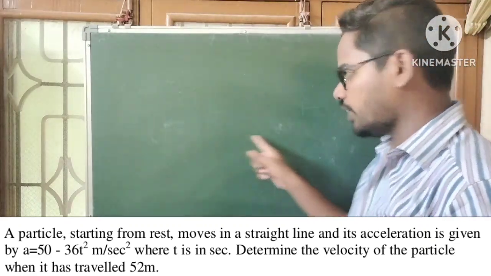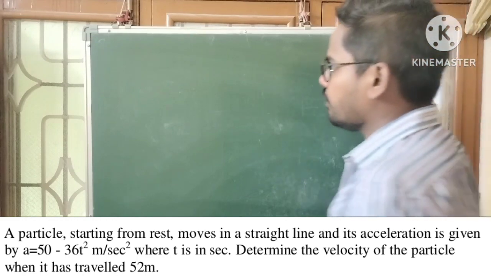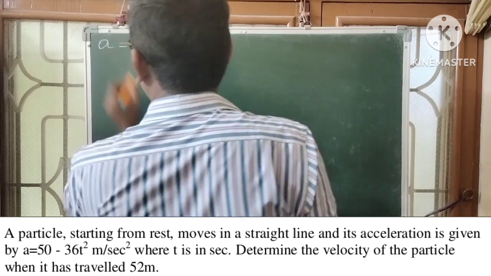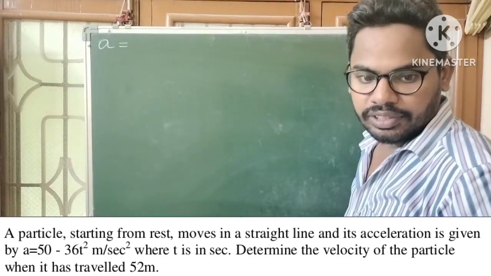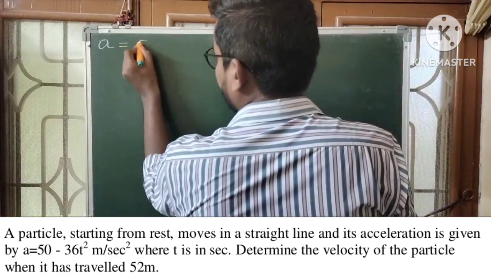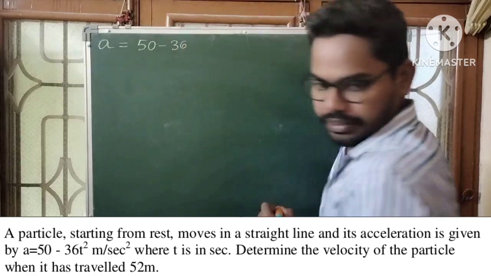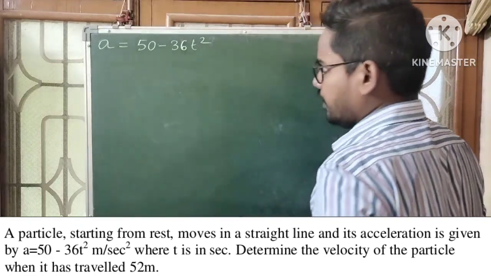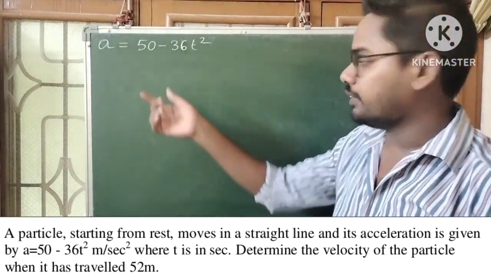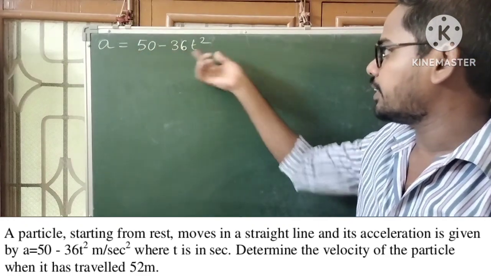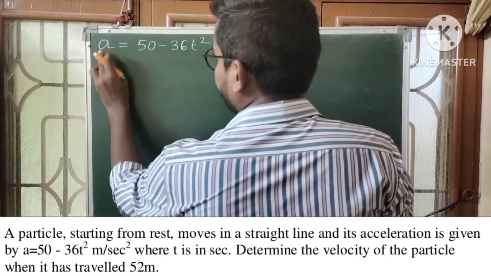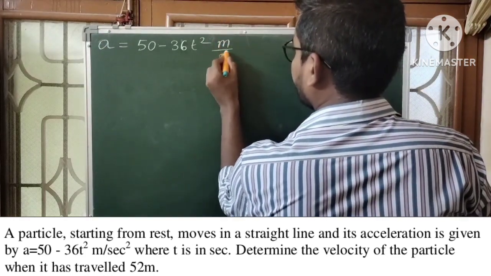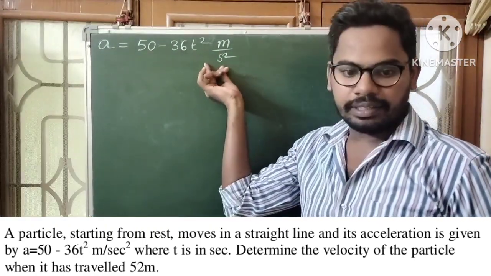Its acceleration is given by an expression where acceleration is a function of time: a = 50 − 36t². Given the equation of acceleration, a is in meter per second square, so the unit of acceleration is meter per second square.